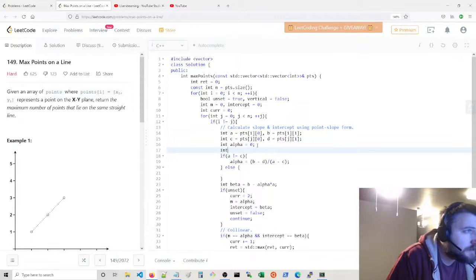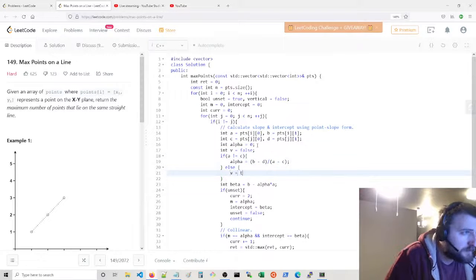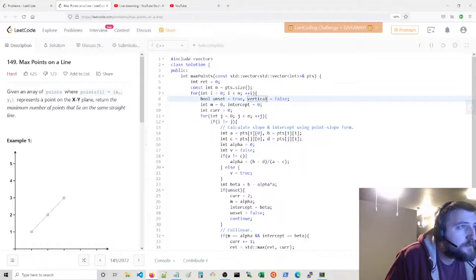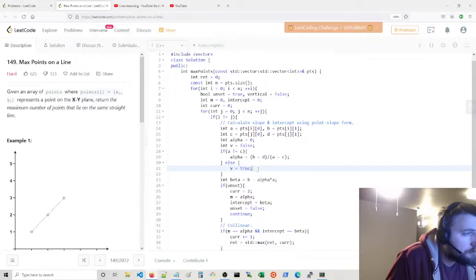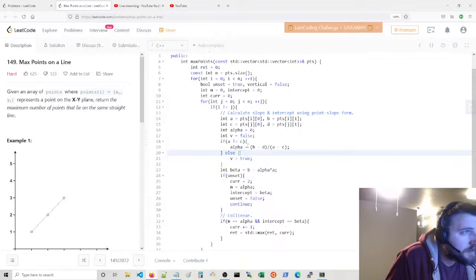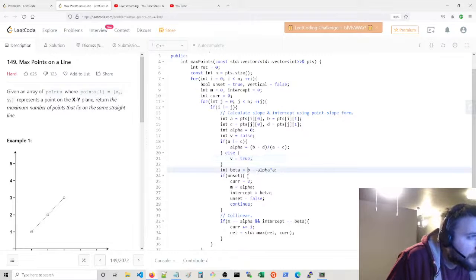So they're not equal. Otherwise, v equals false, so v equal to true, if the main one is vertical. A is not equal to C, we can find alpha. Otherwise we set v to true. And we're going to say, so if alpha is basically infinite, beta doesn't matter either.